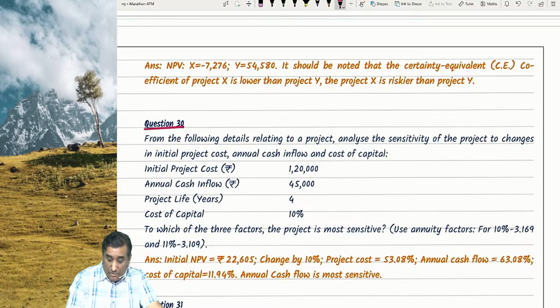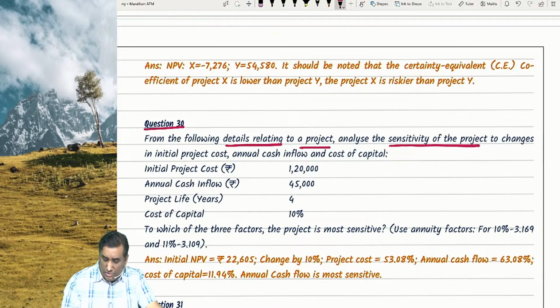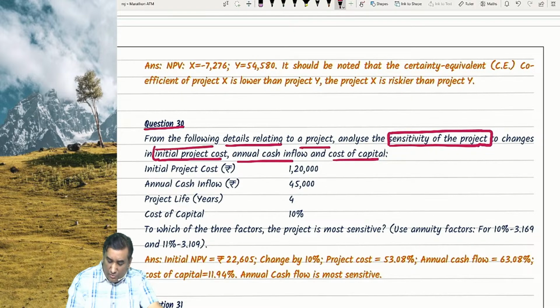It says, from the following details relating to a project, analyze the sensitivity of the project to changes in the initial project cost, annual cash inflow and cost of capital. That means we have to check the sensitivity, that is change in NPV, if the initial project cost changes, if the annual cash inflow changes and cost of capital changes.